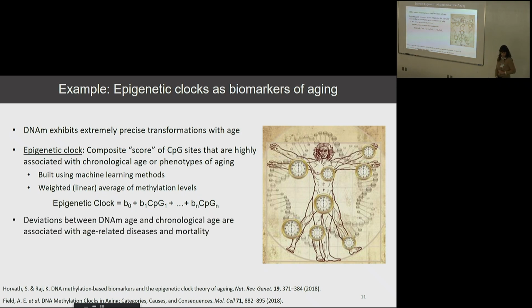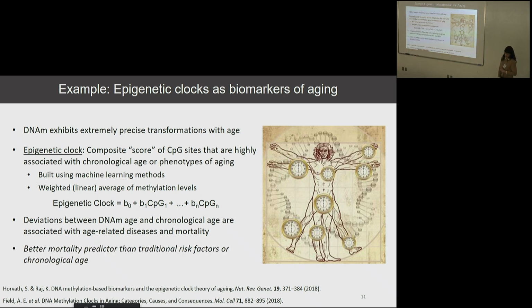You can then use that biological age, look at a person's chronological age, and look at deviations between the two to see if a person is aging faster or slower biologically than their chronological age. This deviation, typically referred to as epigenetic age acceleration, has been highly associated with aging-related diseases and mortality in the literature.